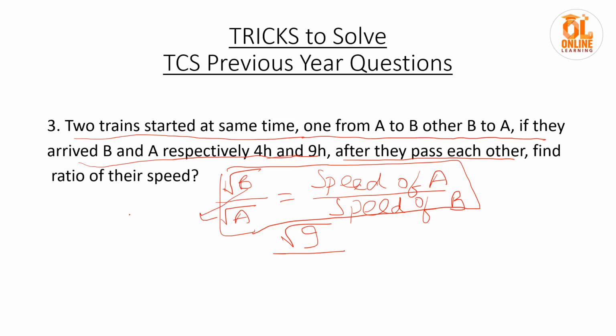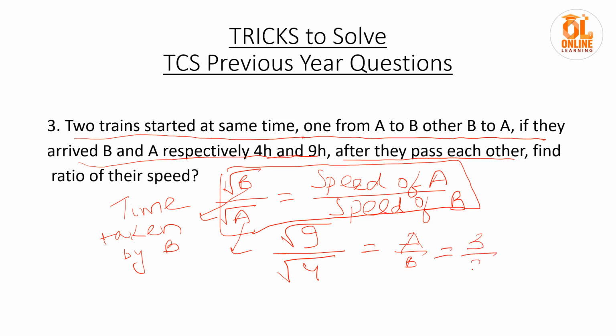Here B is time taken by B. Time taken by B is 9 hours. A is time taken by A, that is 4. So root 9 by root 4 is equal to speed of A by B, which will be equal to 3 by 2. So the answer will be 3 is to 2.